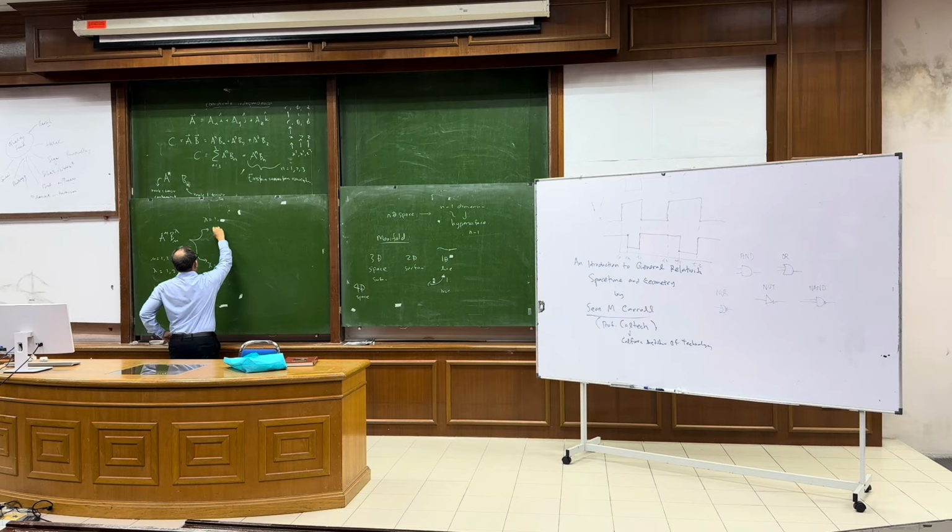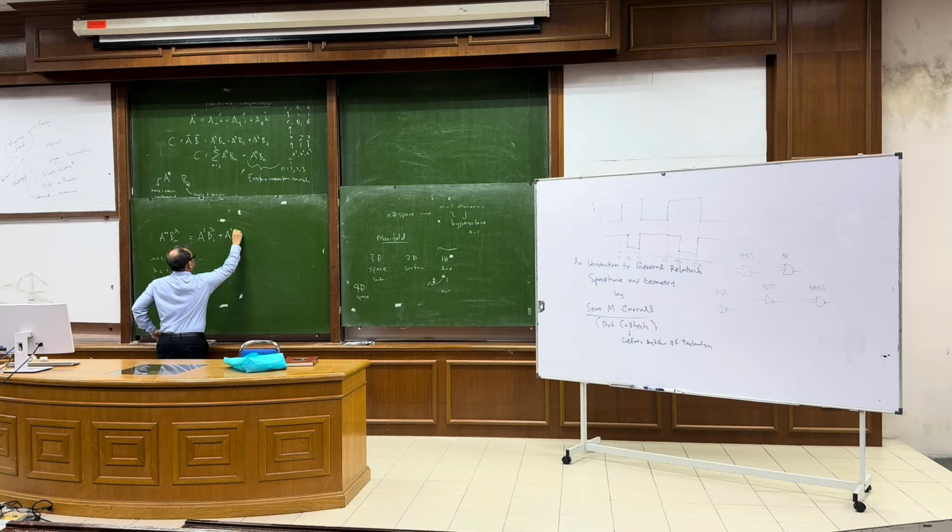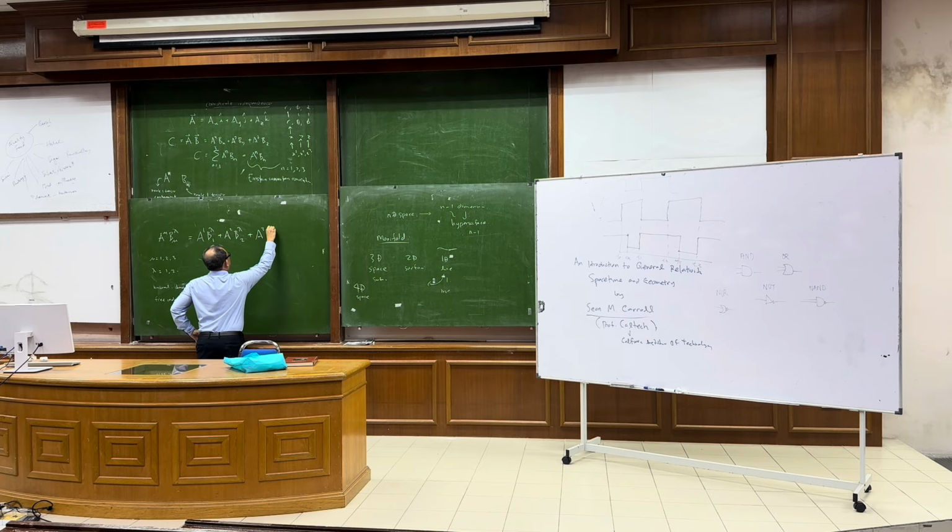Let's just expand this thing first, by the free index first. So 1b lambda 1 plus 2b lambda 2, then 3b lambda 3. Can expand like that.